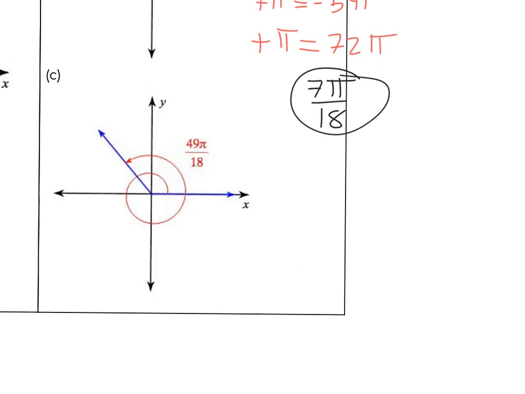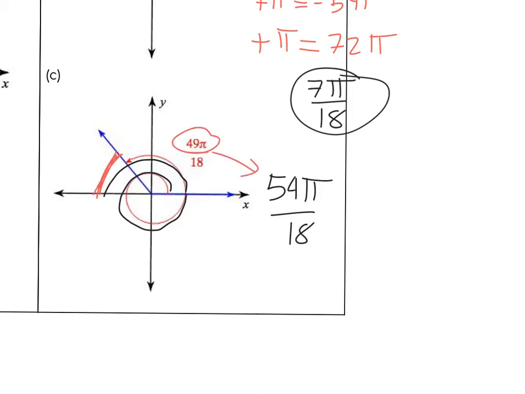And the last one of these, looking at 49 pi over 18, going around a whole time is going to be 36 pi. We already said going around 1.5 would be 54 pi over 18. And if we're looking for what it would take to get to that, to get from 49 to 54, we need 5 more pi. And that would be our reference angle.